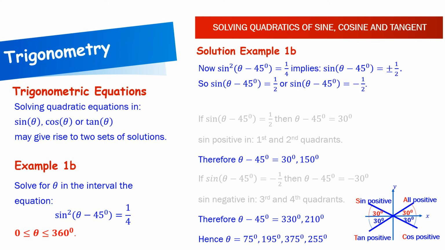Notice that we're only looking in the interval from 0 to 360 degrees. Therefore, we rule out 375 degrees because this is greater than 360. So in fact, theta equals 75, 195, or 255 degrees.